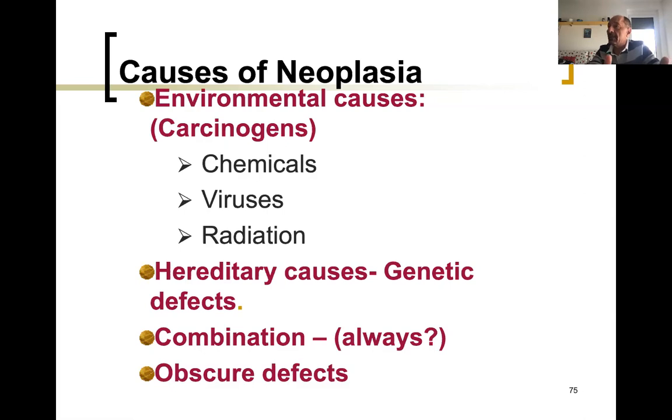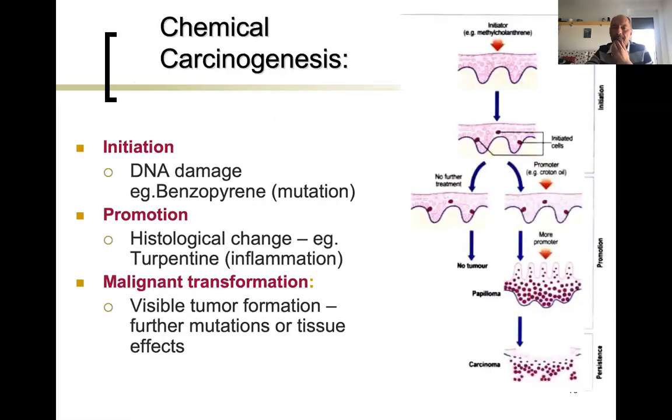They are dominated by heredity, and a combination of genetic predisposition and environmental causes, or obscure defects. Which is more important, the genetics or the environmental causes? We will see that we have much more information now.